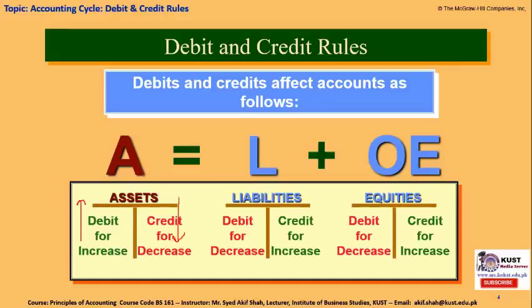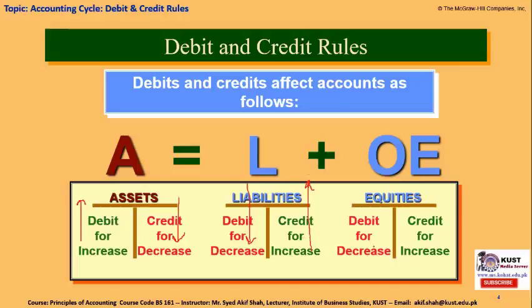The rules for liability and owner equity are totally inverse of the assets. So when there is a decrease in the liabilities, it will be recorded as a debit entry. And when there is an increase in the liability, it will be recorded at the right side of this T account, and it will be a credit entry.